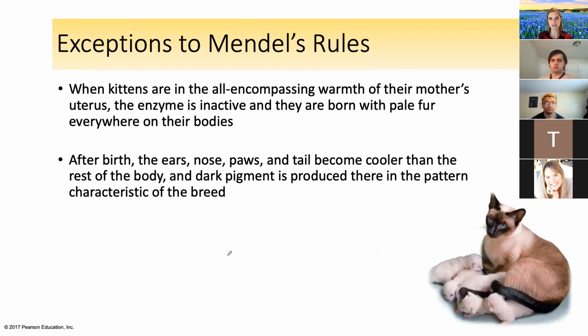And so if we look at our little Siamese cats here, the little kittens that were born are all white because they were just born and inside their mom, right? The temperature is really warm. And so it's going to deactivate that particular enzyme. And so they're going to be born all white.